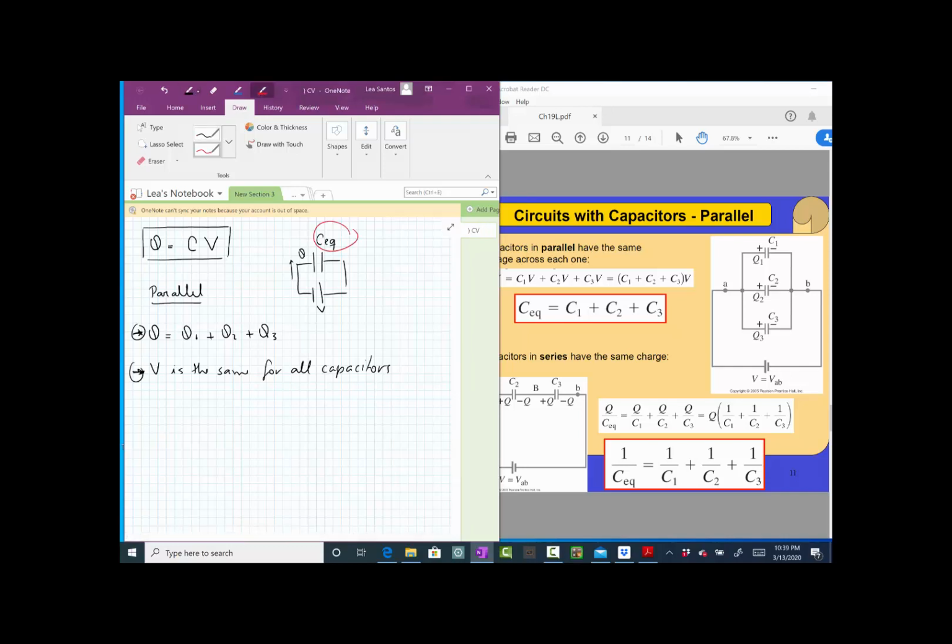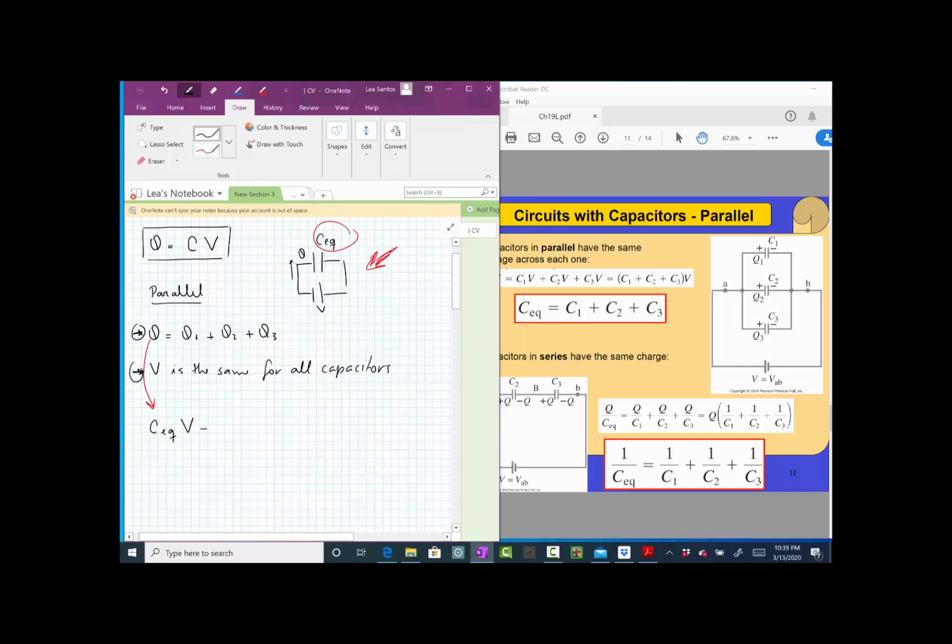So let's start by using this equation that we just wrote, but in terms of the capacitance and the potential difference. So what is Q for this equivalent circuit here? Q is going to be equal to the equivalent capacitance that we are after multiplied by the potential difference of the battery.